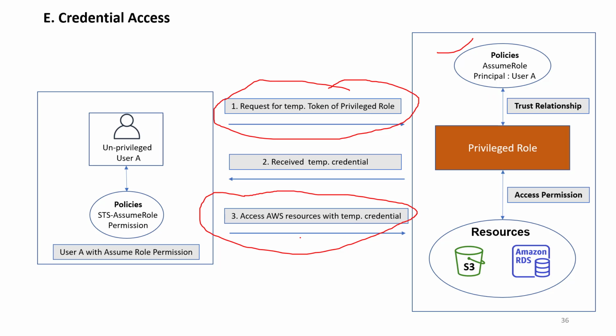That's why this is the phase in red teaming called credential access, and this is the process by which a user gets a credential using any methods he has. Here we mentioned the assume role method, but there are a lot more ways of getting credentials.